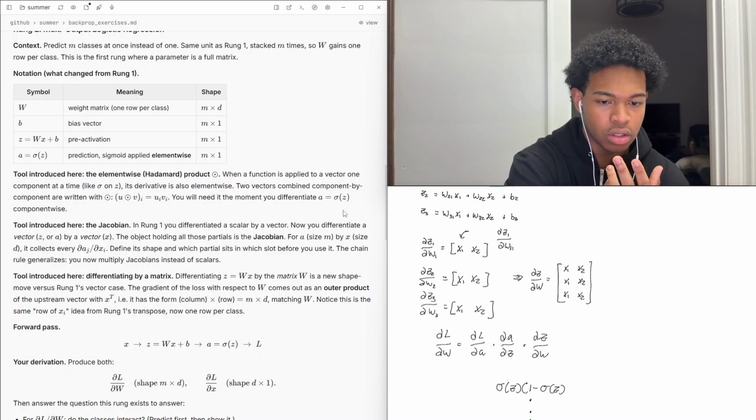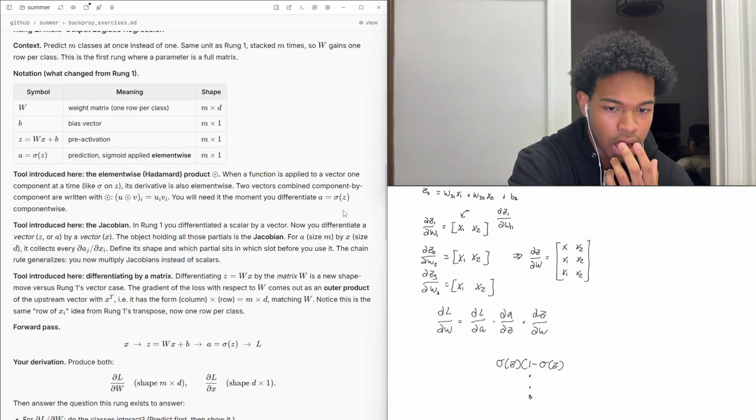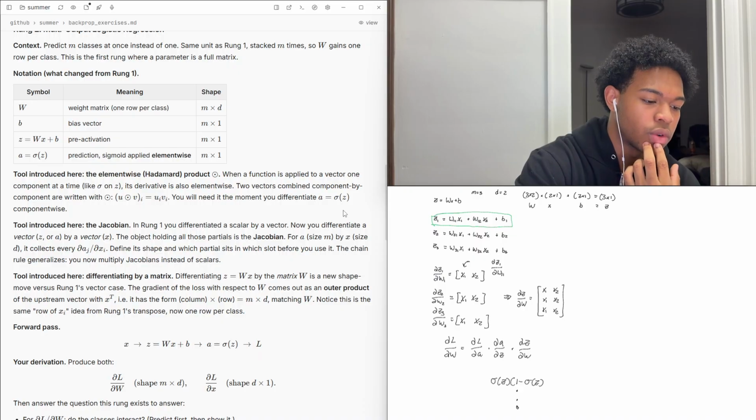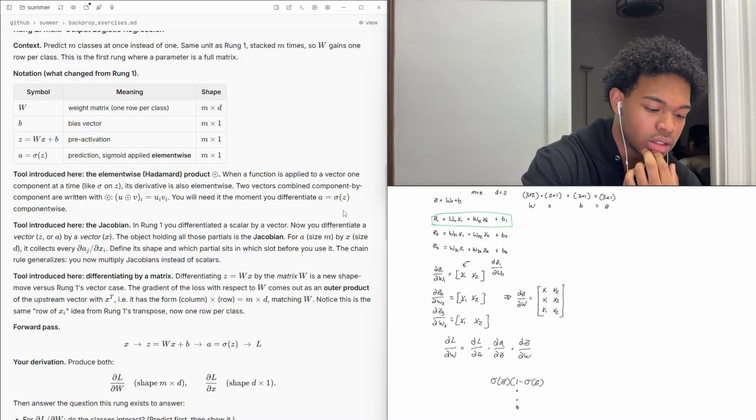There's 3 Z's, so there's m of them, so that's fine. And then L with respect to A, if we're doing mean squared error, let's just say that it's 2 times A minus Y.